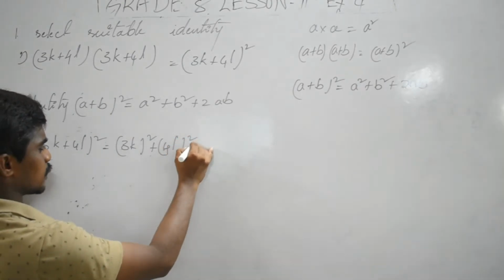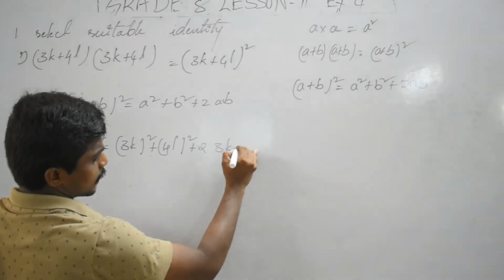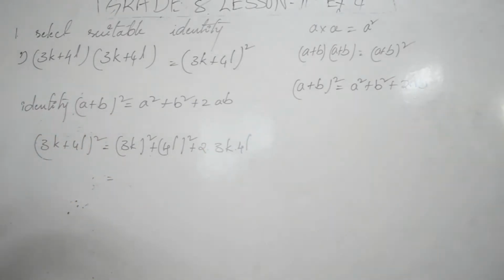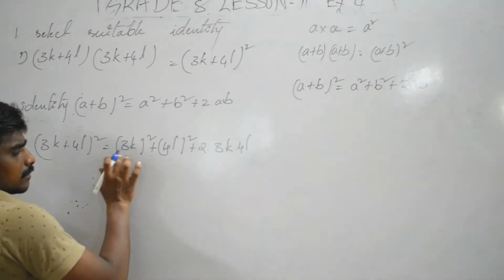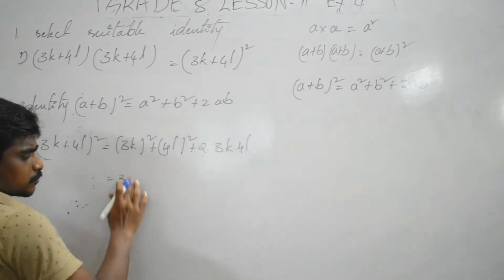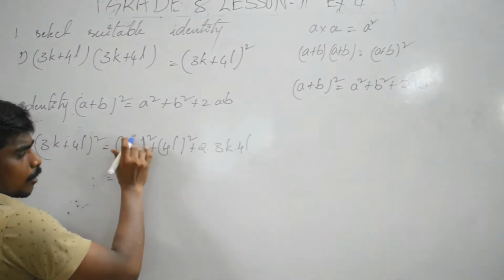Now 3k plus 4l whole square is 3k whole square plus 4l whole square plus 2 cross 3k cross 4l. So I said many times, directly 3 square 9k square.